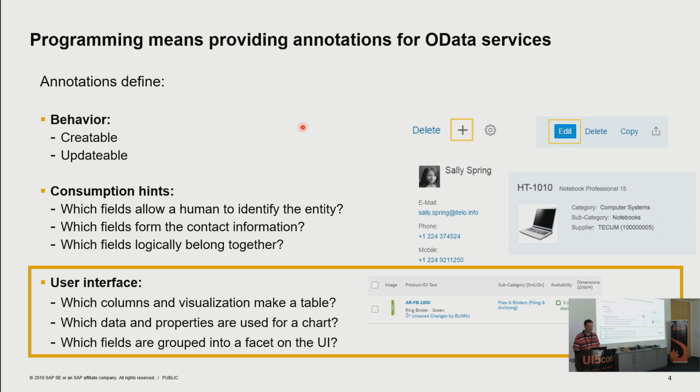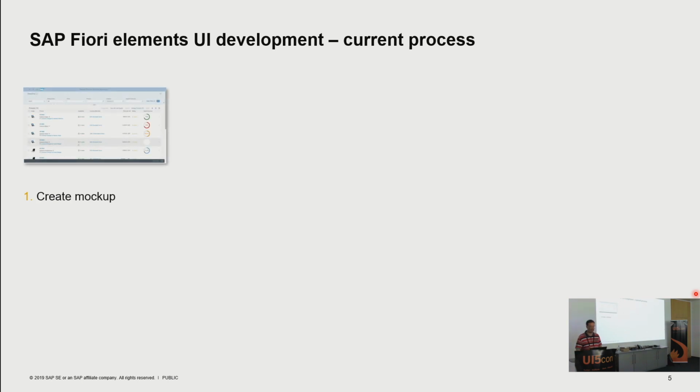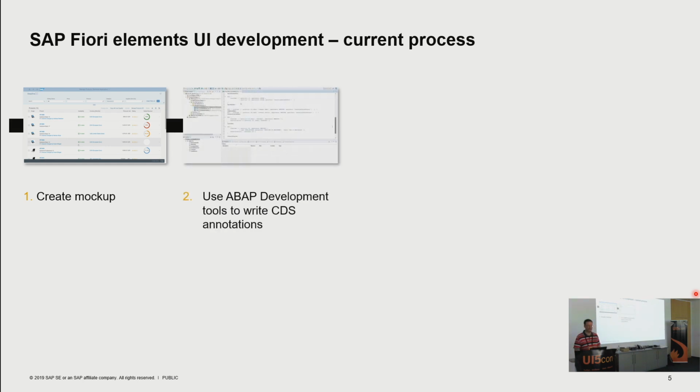Before we go to that, I would like to recap what the current development process with Fiori elements is, especially also at SAP. You have your mockup created by your UX designer. Then you go to the ABAP Development Studio and enter the CDS annotations together with the OData service, also the UI annotations to describe the UI.